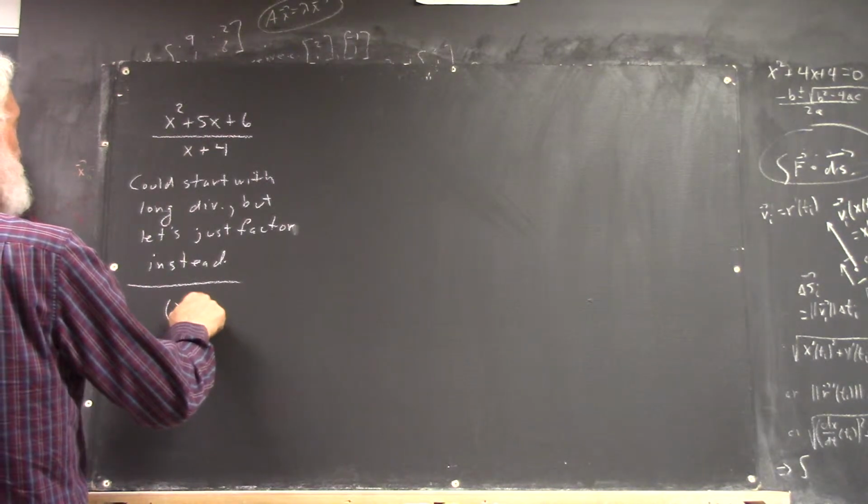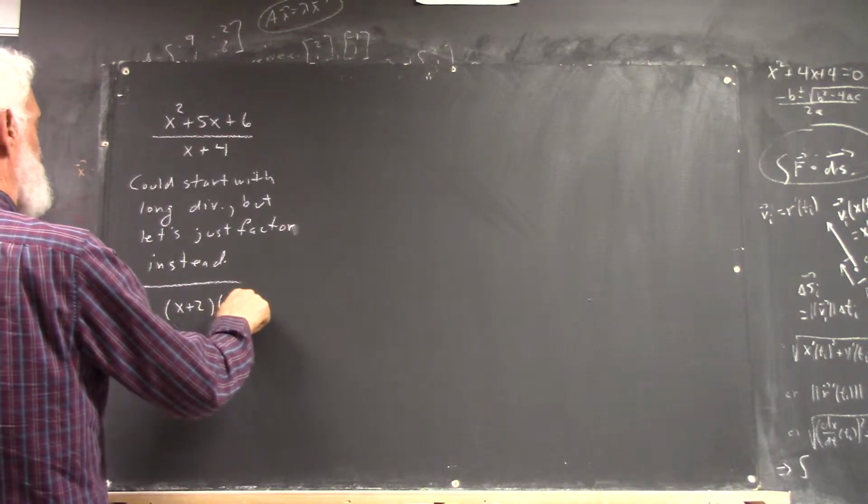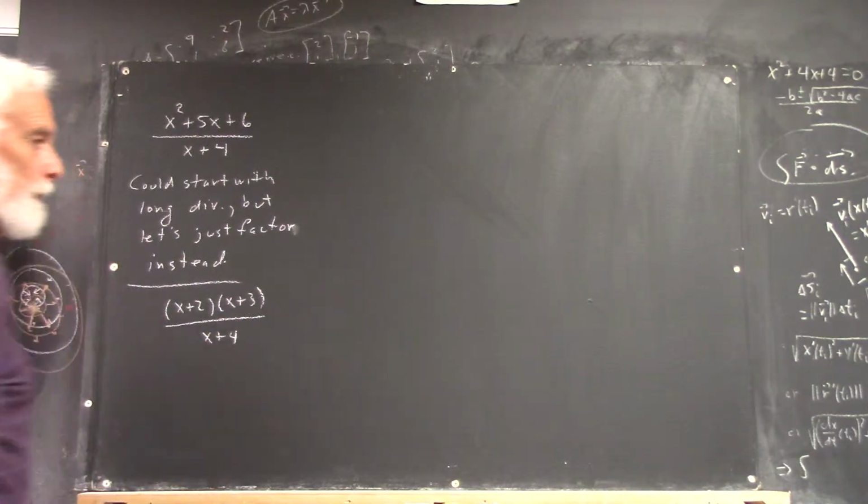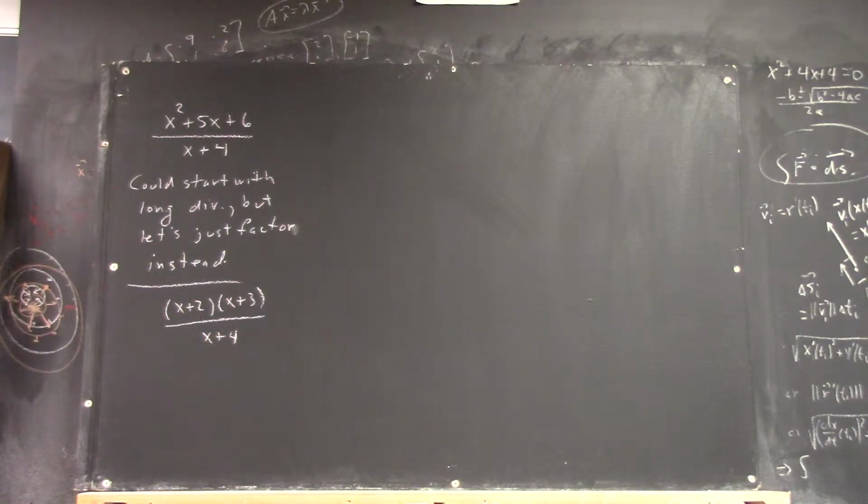What do we get? We get x plus 2 times x plus 3 over x plus 4. So what can we tell from this? Can we tell where it's 0? Give me a value of x that makes it 0. -2.